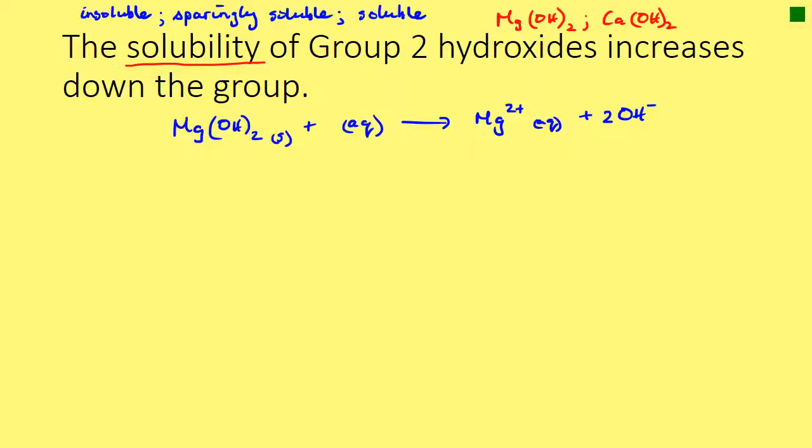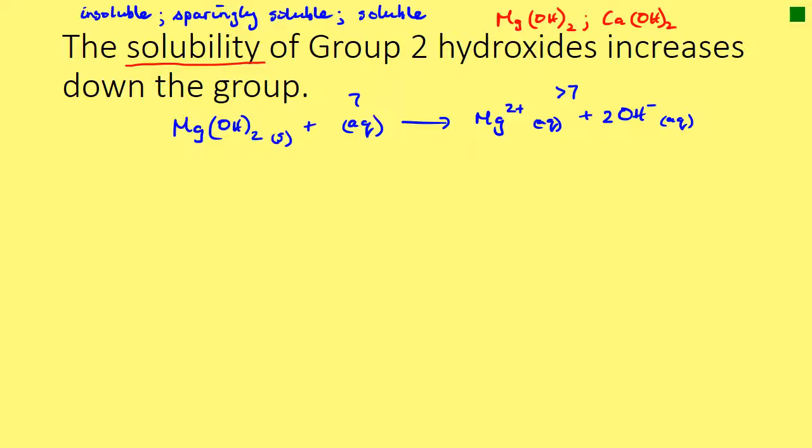And let's just balance it while we're at it. Also floating around in aqueous solution. So it would become alkaline. The pH would increase. The pH of water would be 7, and the pH of this solution would be greater than 7. It would be alkaline.